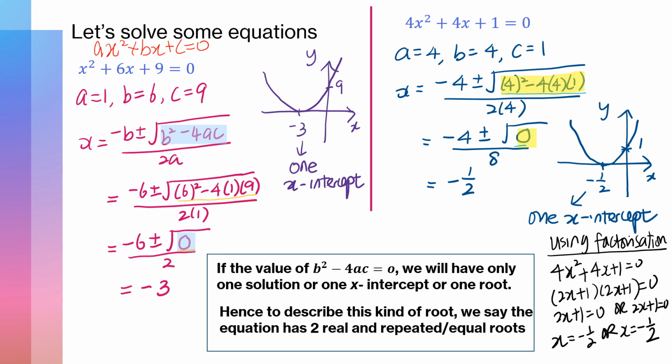The other one is also x equals -1/2. So logically speaking, a quadratic equation will have two roots. In this case, these two roots happen to be the same. That's why we describe it as two real and repeated, or two real and equal roots.